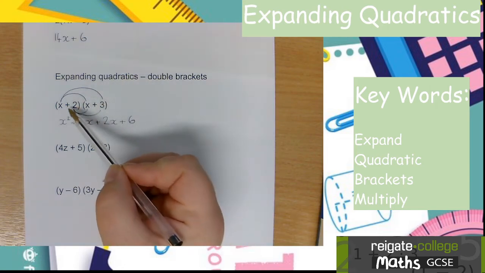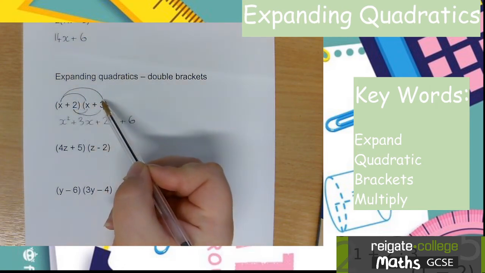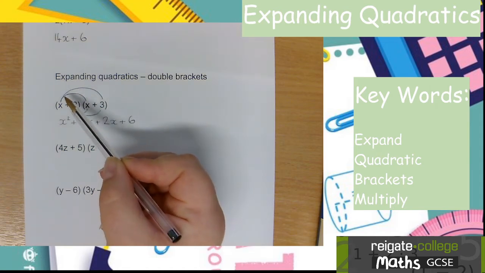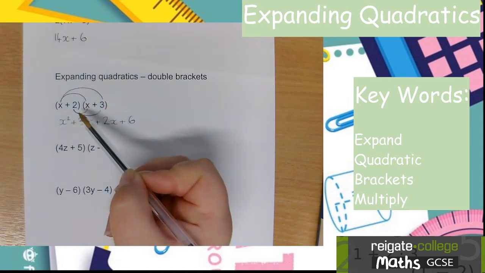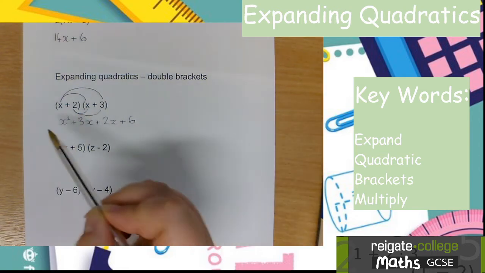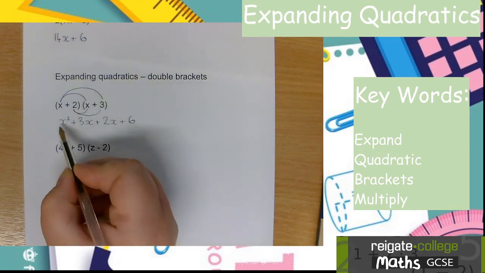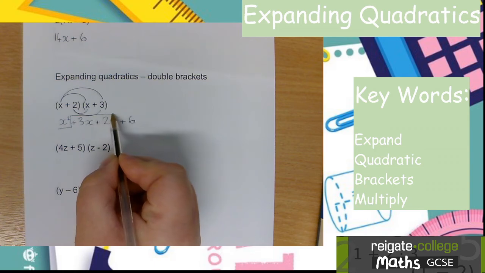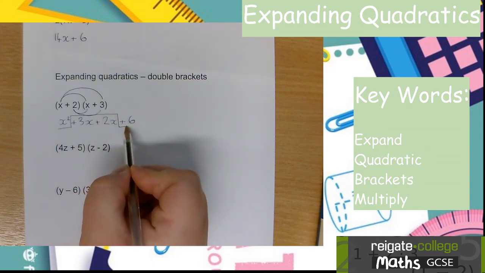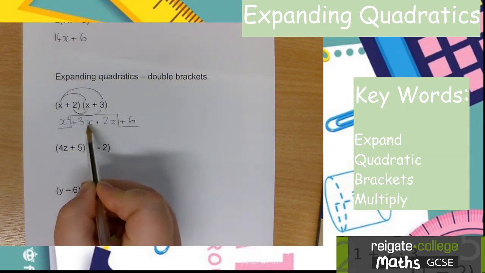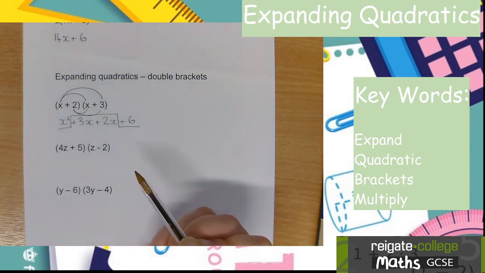Now you can see the shape that I've drawn. It's commonly referred to as a claw. So if you get this shape, as you've gone through the brackets, you know that you've dealt with all of the terms. Multiplying out the brackets like this means I have an x squared term on its own and a number on its own, but you'll see in the middle I have 2 x terms.